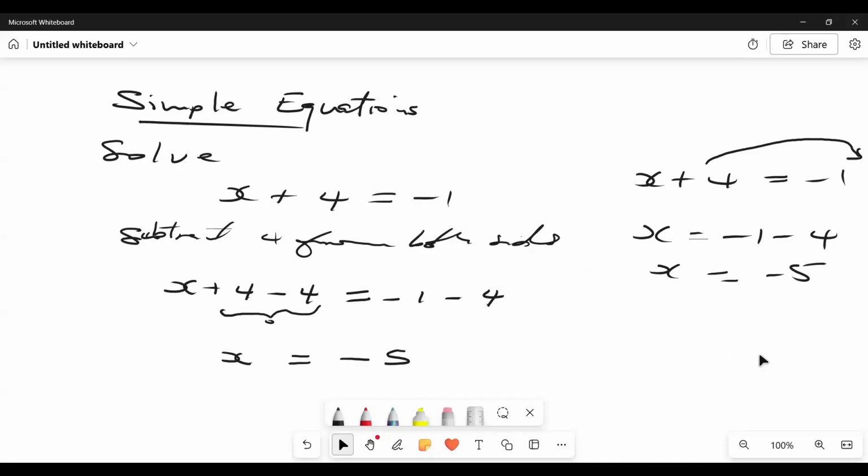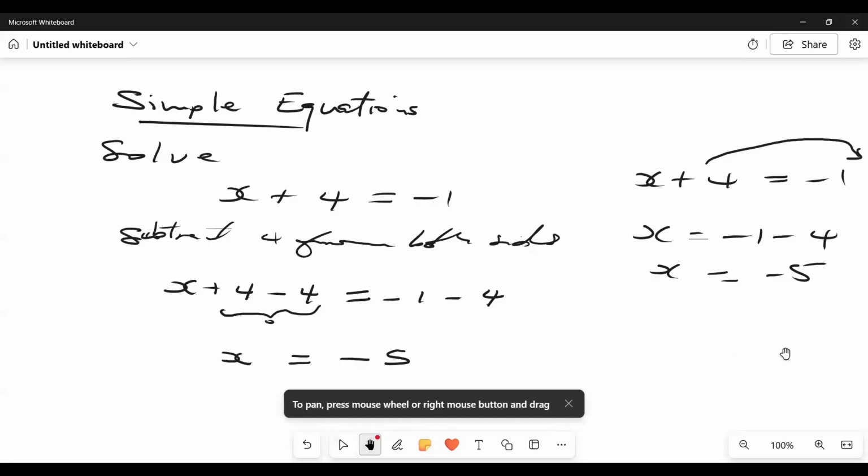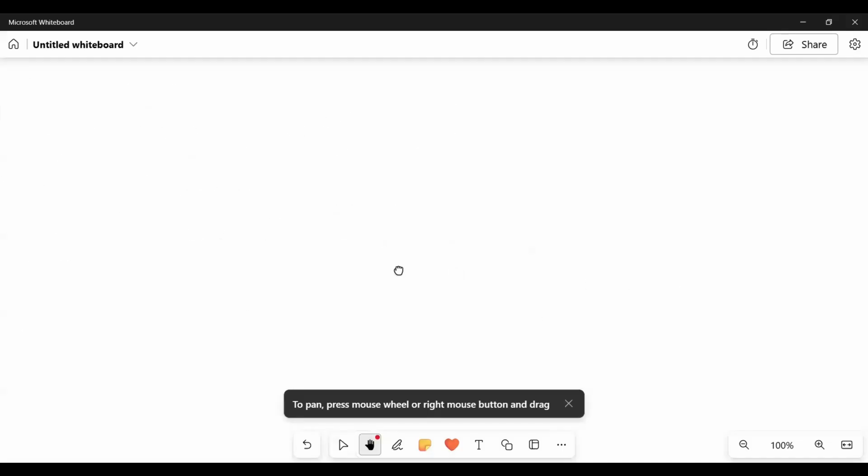Of course, equations are going to get more complicated as we go on, right? Let's get more complicated now. Let's solve something like this. Solve x minus 1 equal minus 3. Now we want to basically find what the value of x is.